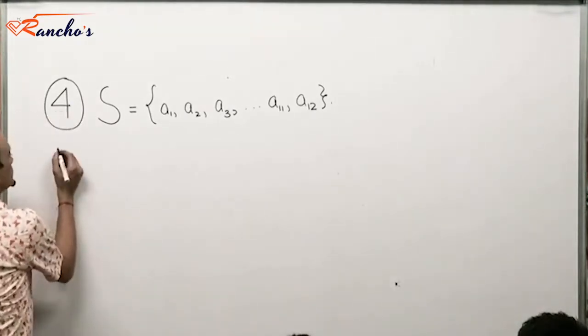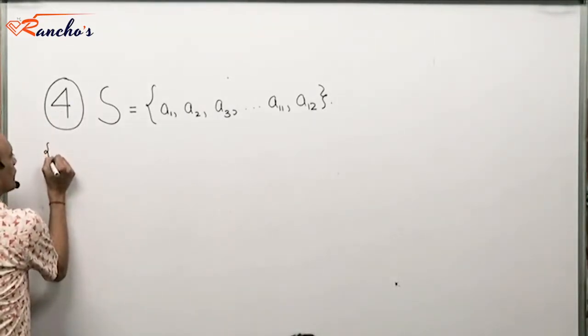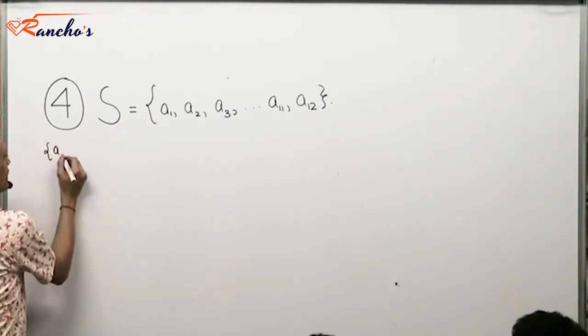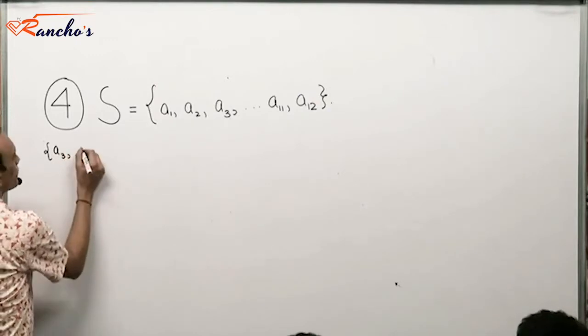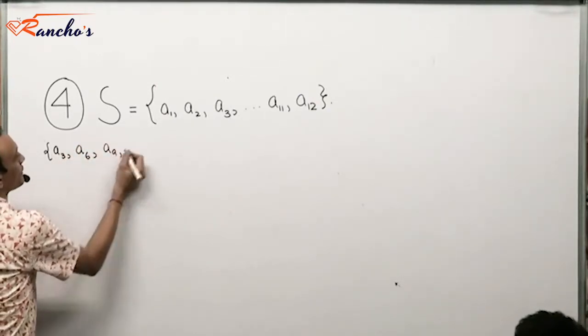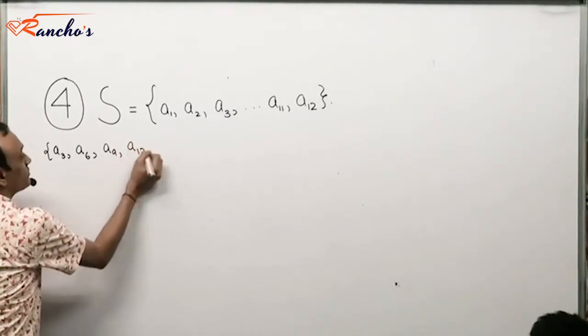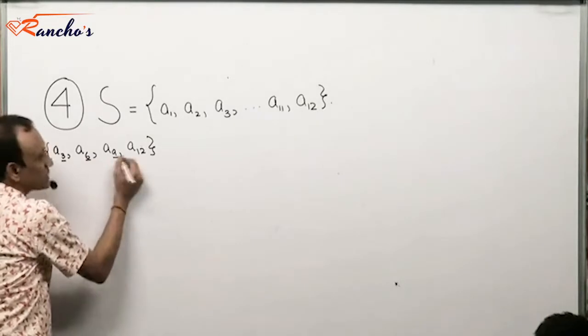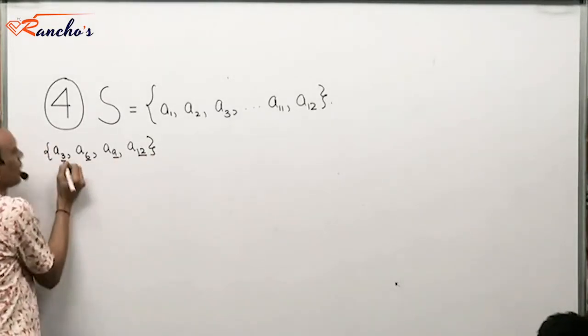Say for example, an acceptable subset could have been A3, A6, A9, A12, where the subscripts are multiples of the smallest subscript.